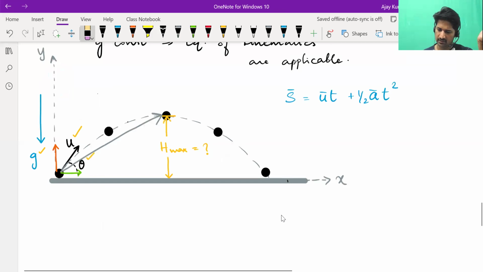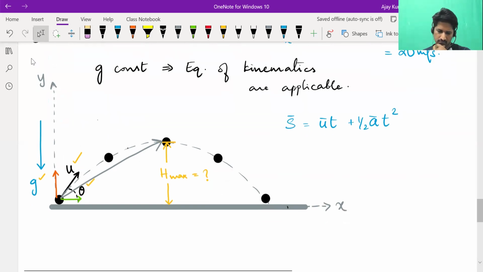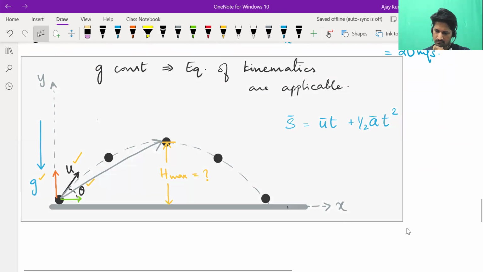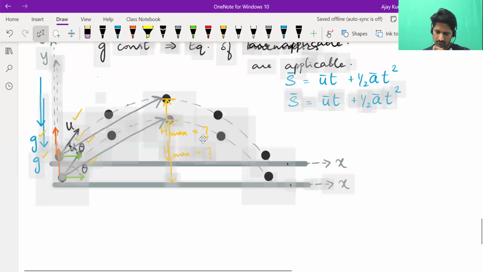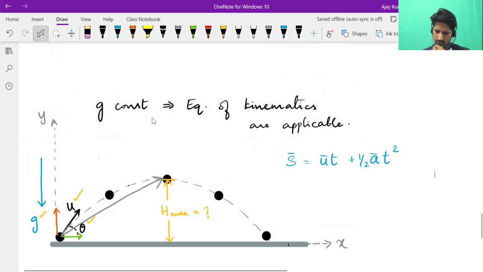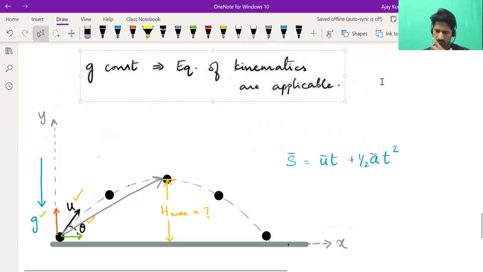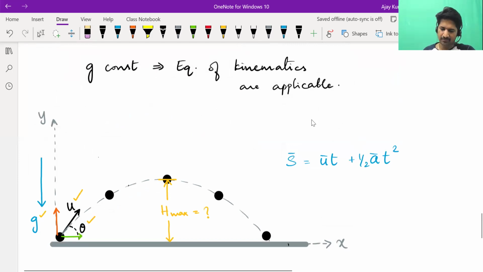Now one of you tell me an idea to calculate that maximum height. See, maximum height is not the actual displacement of the object.